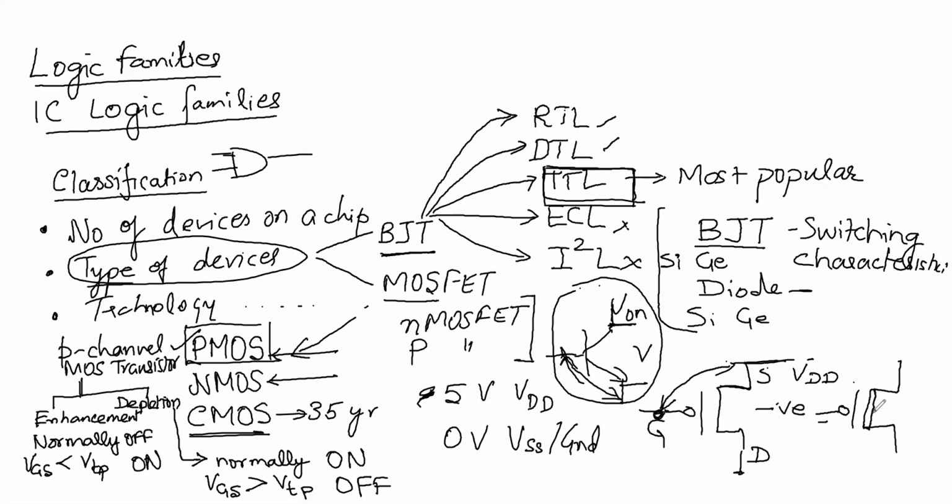You need to apply a positive value higher than the threshold value to turn it off. But you will not be able to apply that, because the source is connected to 5 volt and you do not have a higher voltage in your system.